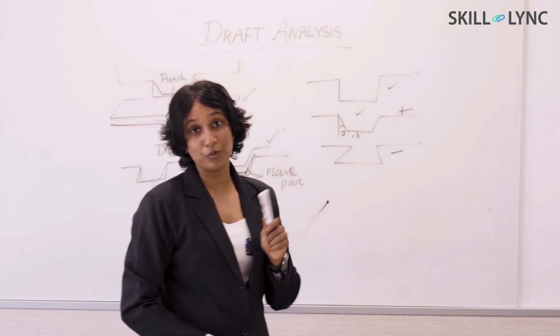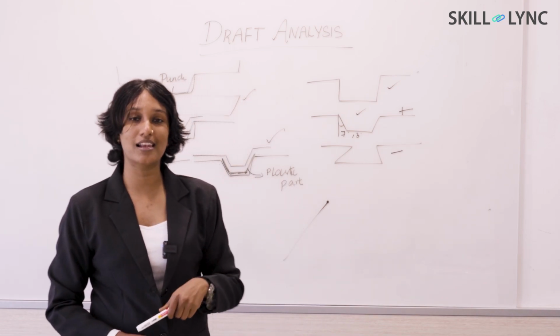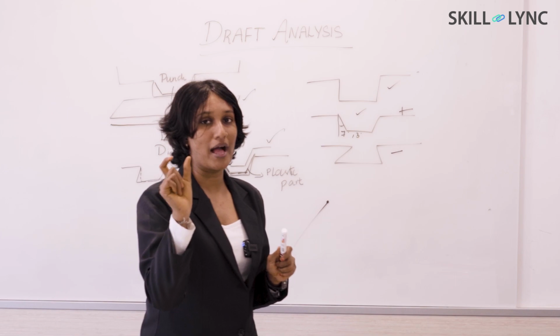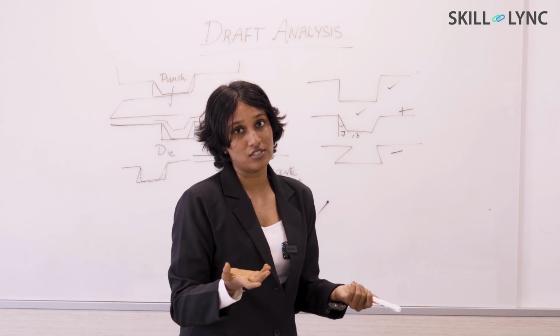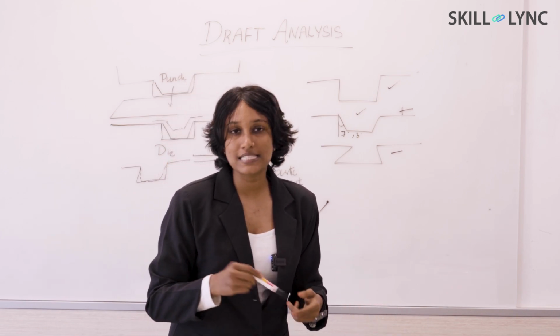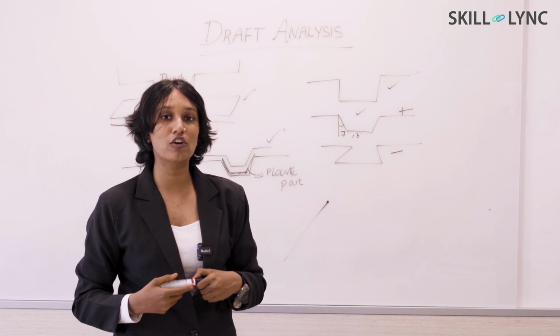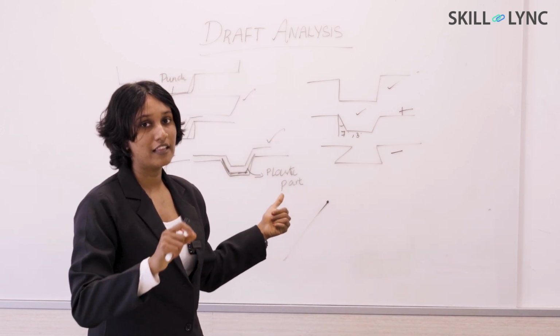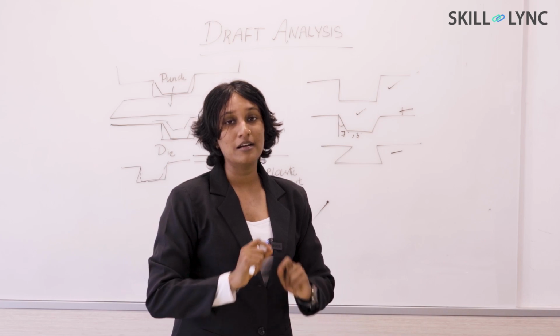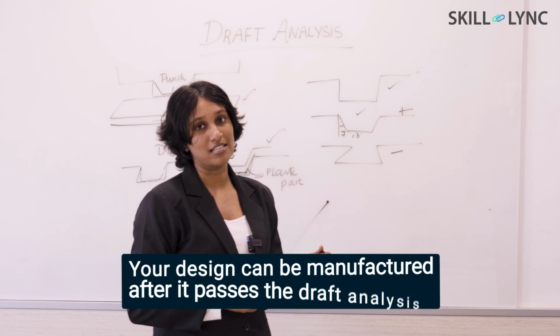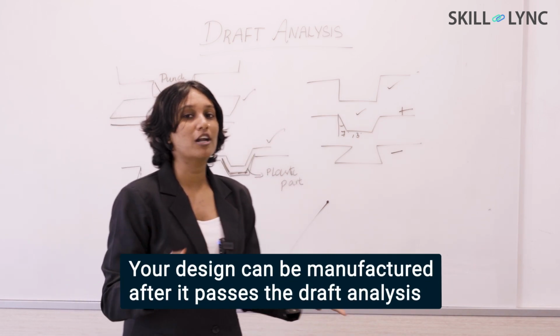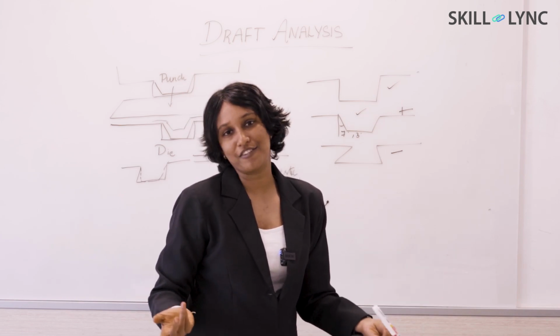And finally, after you're done with the model, you're going to perform draft analysis and give a particular value. Say for example, in your industry, the minimum draft angle required is 6 degree. If you give 6 degree in your software, it will ensure that all parts of your model pass this draft analysis. If it is passing, your model passes the draft analysis and it can be manufactured easily.